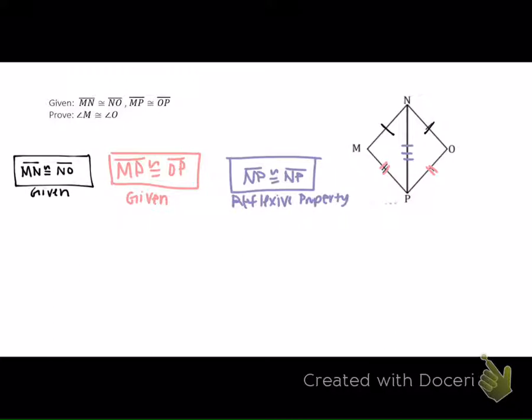Okay. So Cole. Which two triangles are congruent? Name them. Triangle NOP is congruent to NMP.